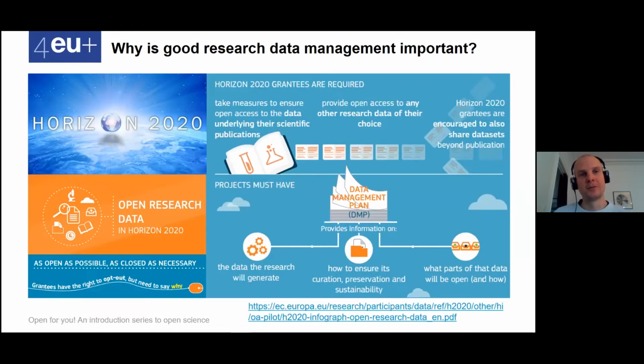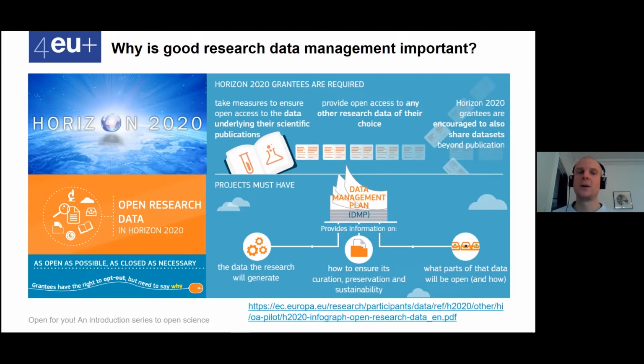Here's an example from a funder, and this is the biggest funder in Europe, the European Commission. In the Horizon 2020 framework program, which was the previous one, they introduced the so-called Open Research Data Pilot, which requires participants to provide open access to research data generated in the project, specifically data underlying publications, but also what they call other research data of their choice.